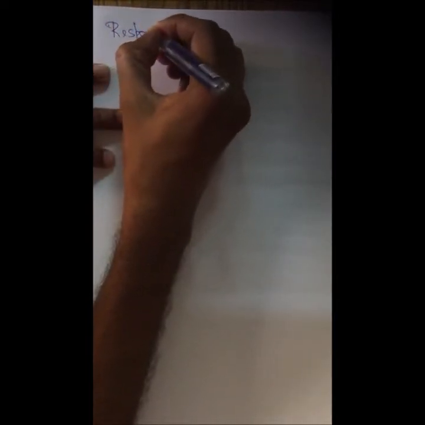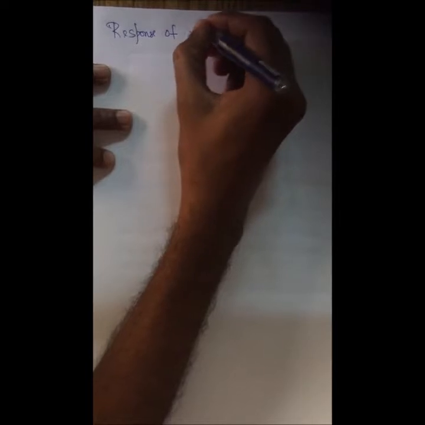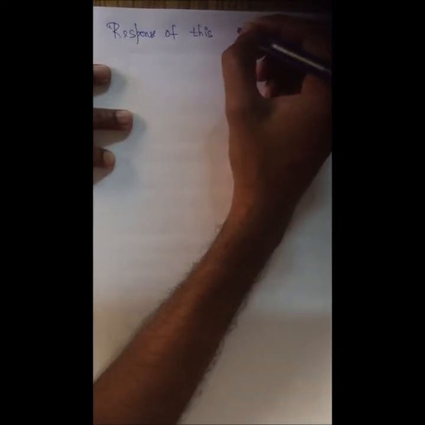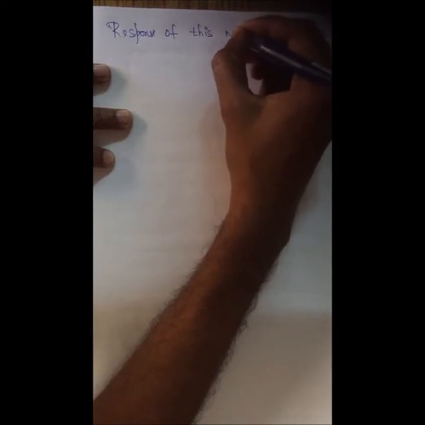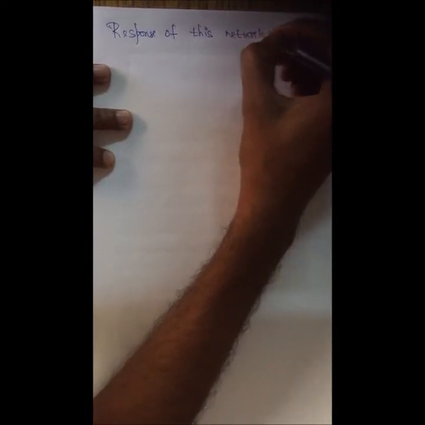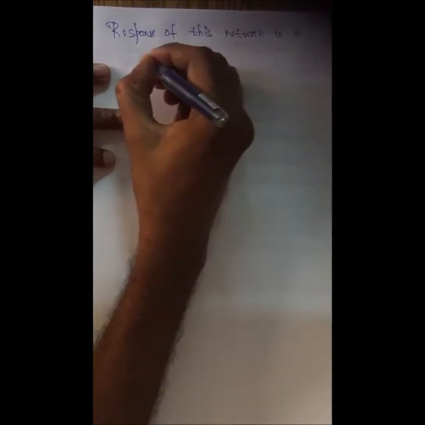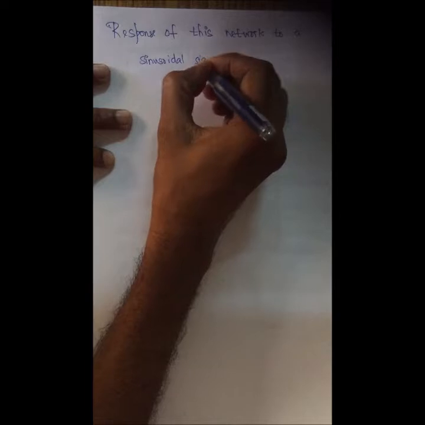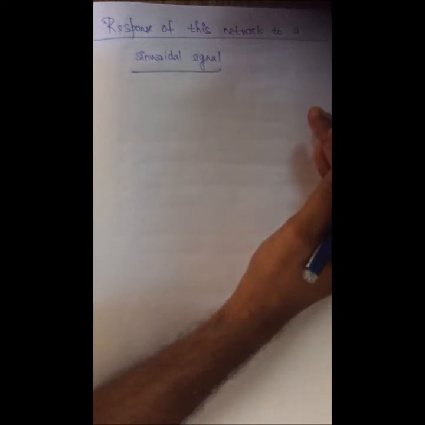Okay, so the first important analysis: the behavior or the response of this capacitive coupling network to a sinusoidal signal. Now, I told you if you give a sinusoidal signal, it's going to be the same sinusoidal at the output.